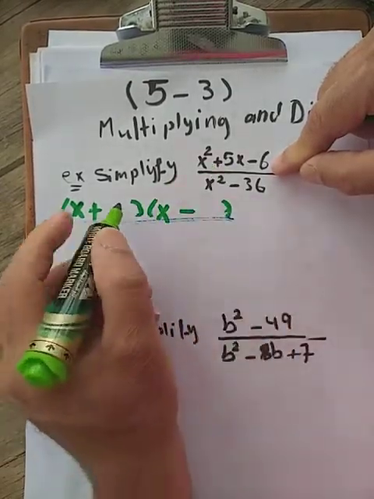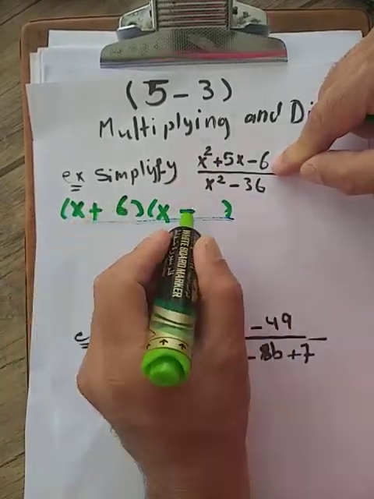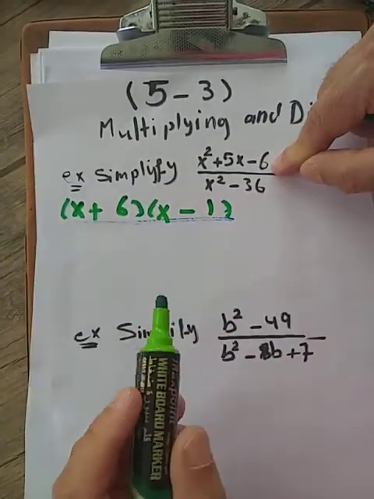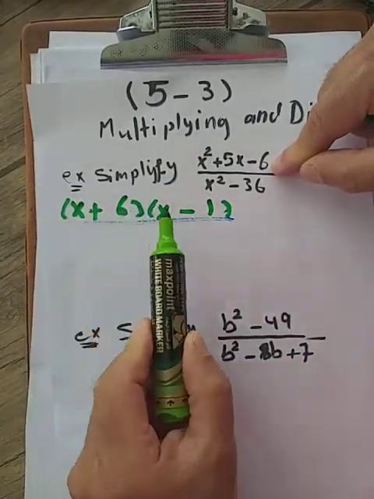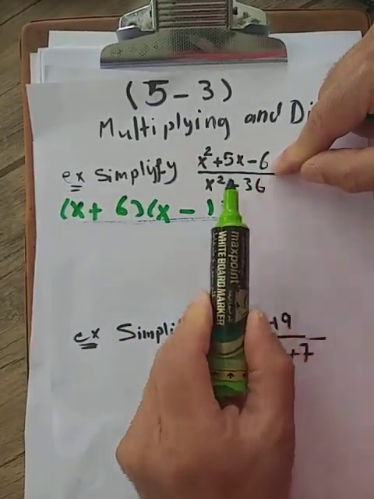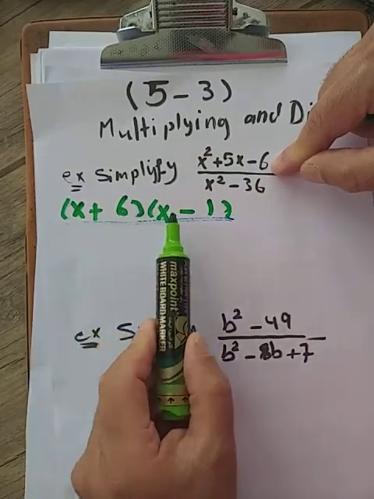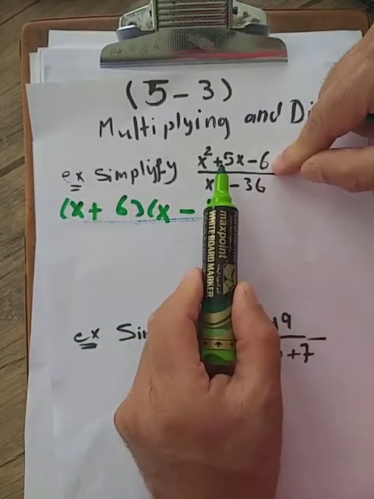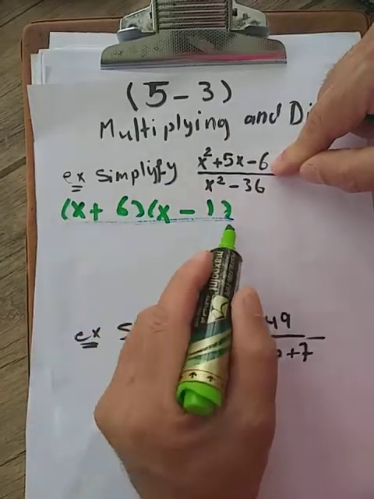The bigger should be positive, and the other one negative. Let me check the answer: 6 times 1 is 6, and 6 minus 1 is equal to 5. Yes, this is correct.